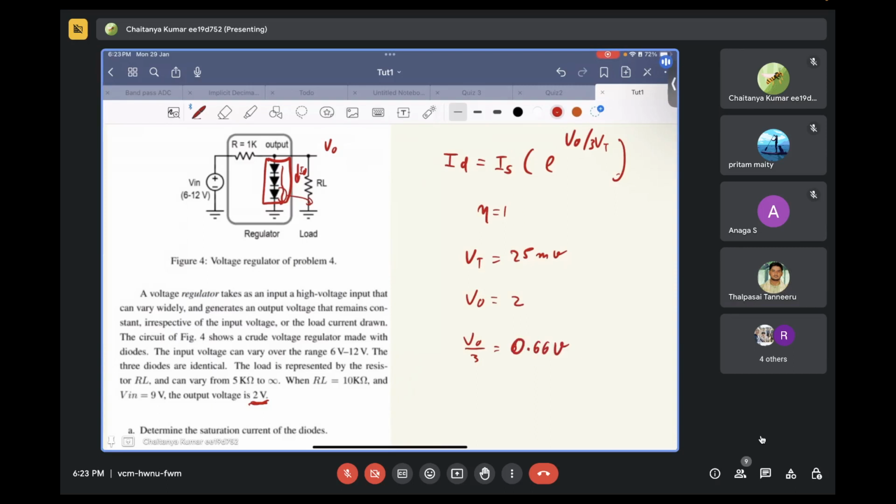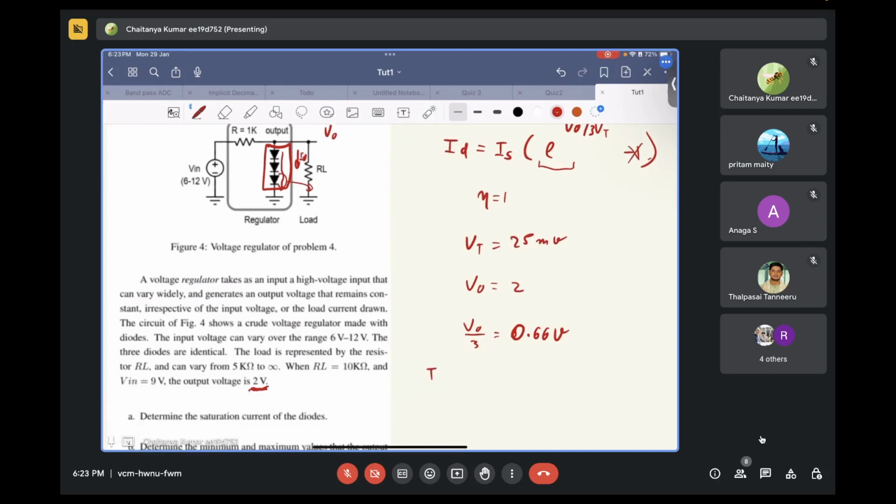You can imagine that 0.66 volts divided by 25 millivolts makes this exponential so large that you can ignore the minus one term. So your equation becomes ID is equal to Is times e to the power V naught by 3 Vt.